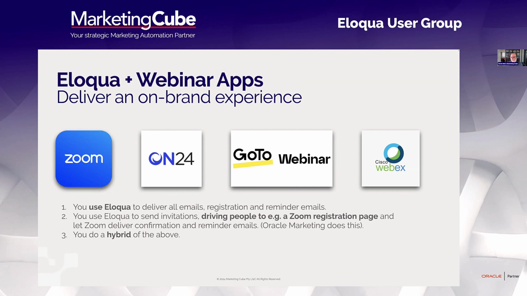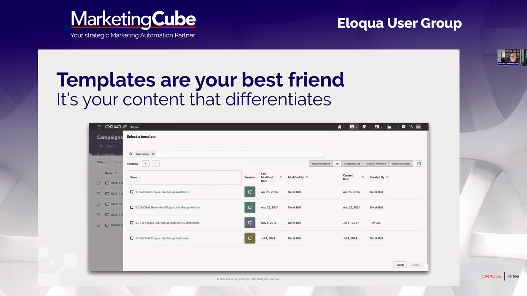Now, regardless of which platform you choose, there are a range of things to consider. And I'm going to walk you through in a moment what that might look like. But let's keep going and we'll come back. The key thing with any of these approaches, whether it's a webinar or a newsletter, is to really think about templates. Now, we build templates all the time for clients.